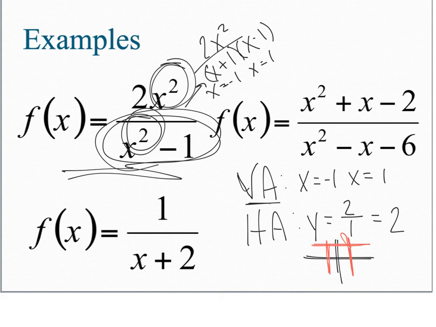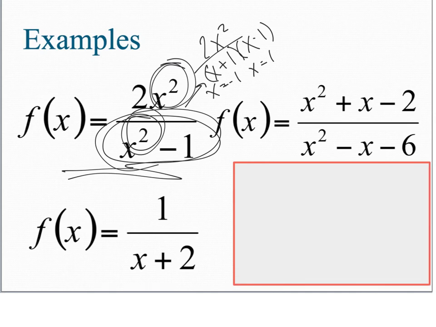All right, so let's do another one. Let me get rid of this real quick. Let's look at this second one. I'm going to do it in blue. Again, I'm going to factor both the top and the bottom.